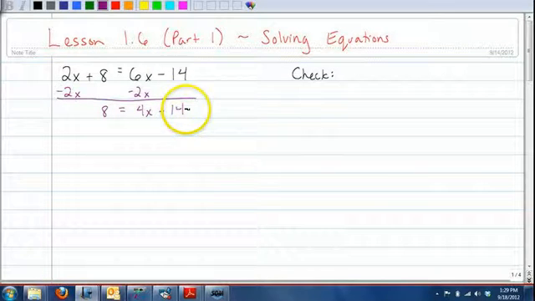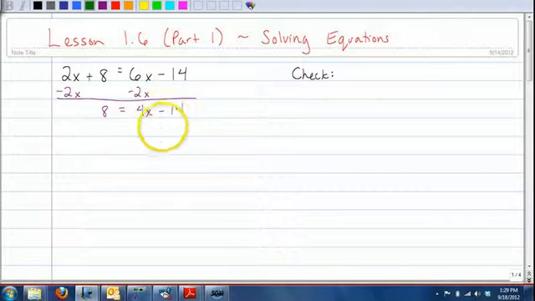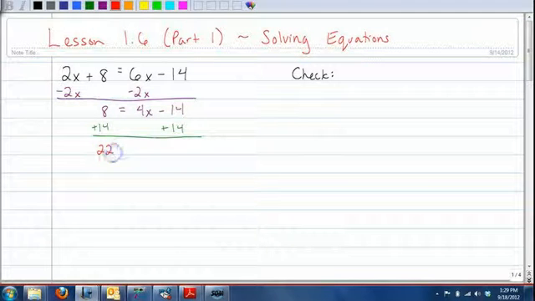So now I have my x on one side, but remember, my goal in solving an equation is to get the variable by itself. So my next step is I want to get rid of this minus 14, so I add 14 to both sides. Now when I do that, I get 22 equals 4x.